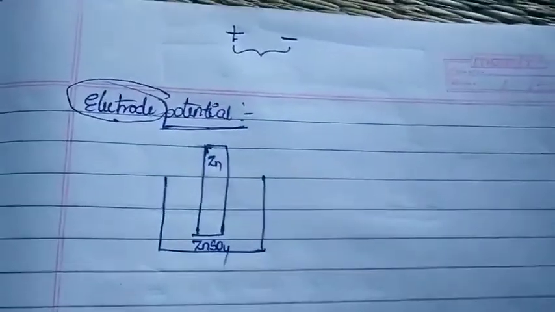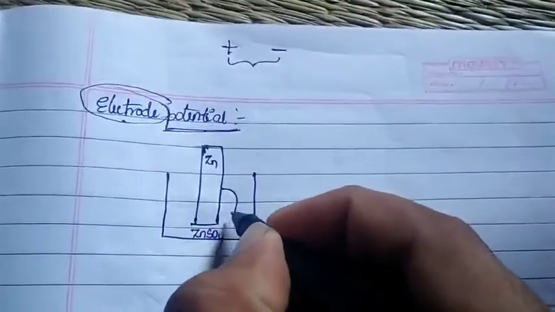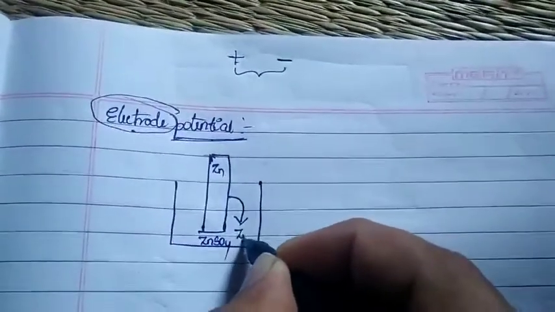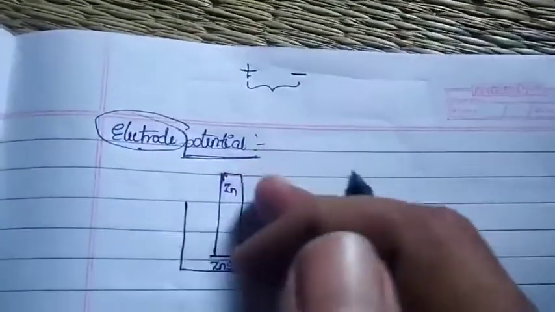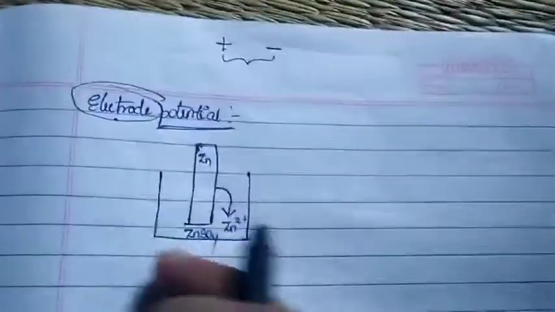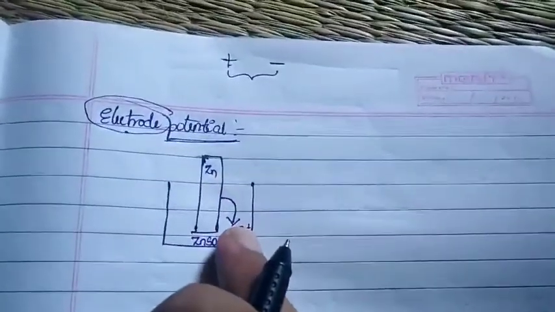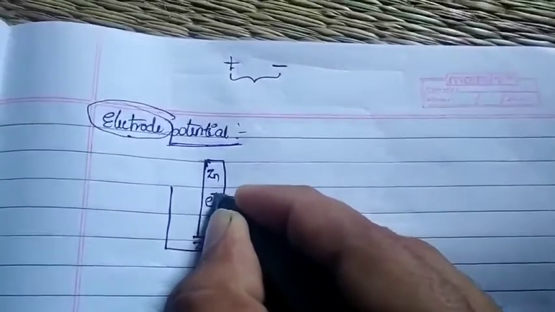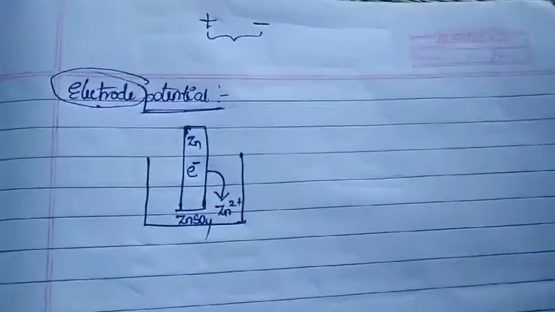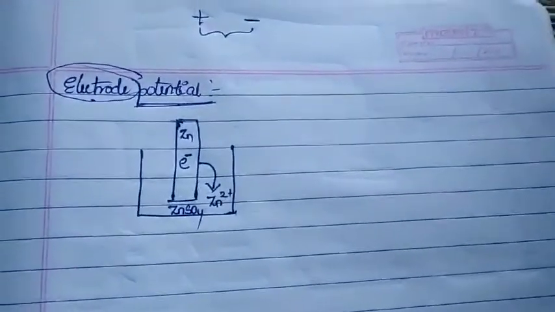As we know, your zinc will get into the zinc sulfate solution as Zn2+. Alva, the zinc electrode is going into the solution as Zn2+. So when it has to go into the solution as Zn2+, what should it leave back in the electrode? Electrons. I hope most of you have come to know where the electrode is getting the potential.